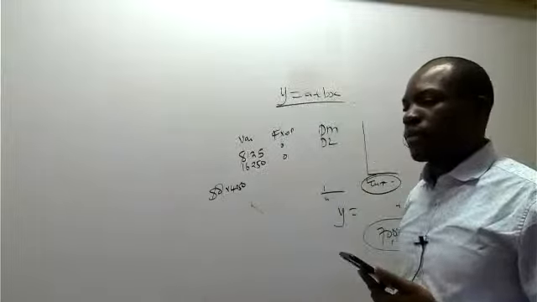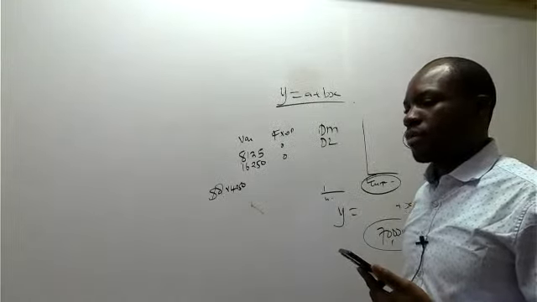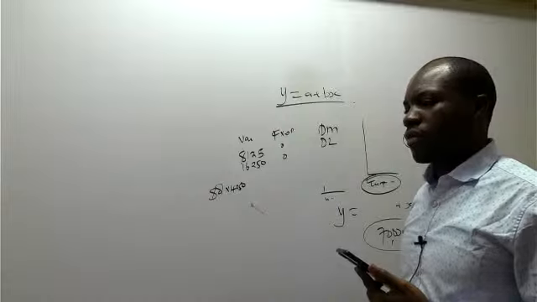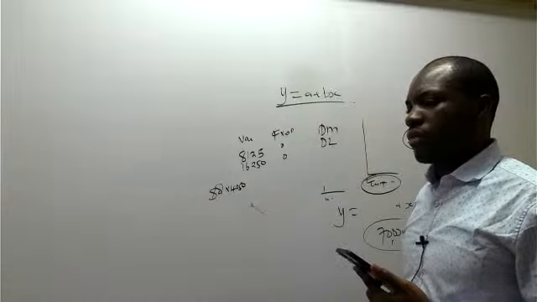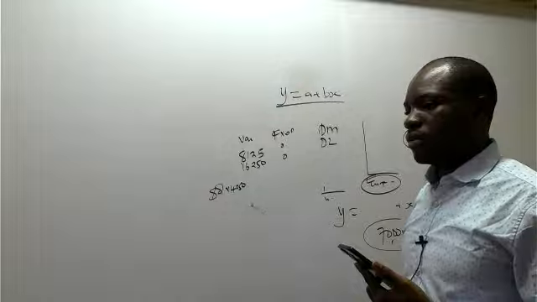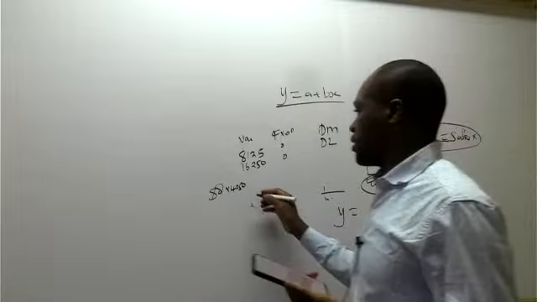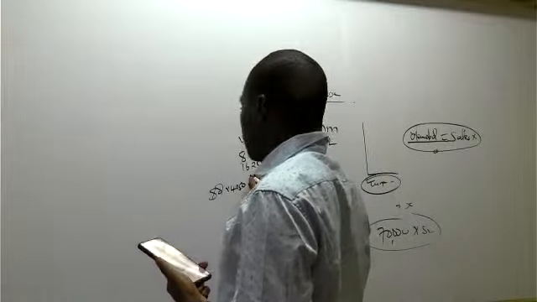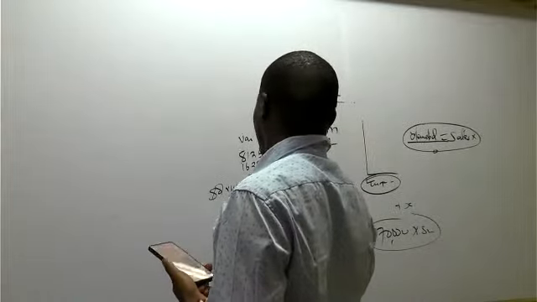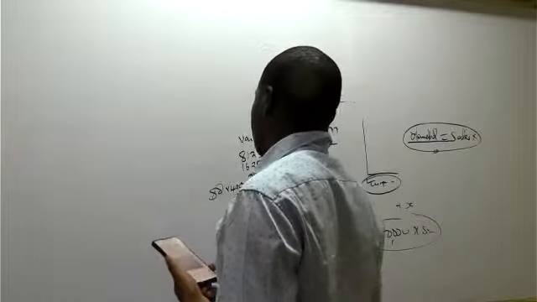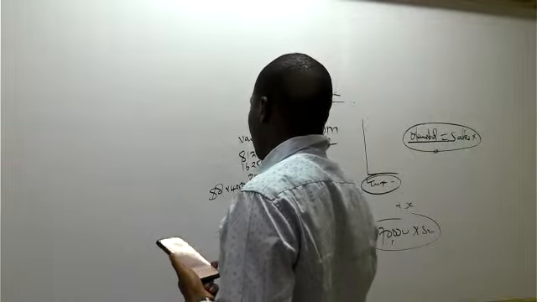80% ni ngapi? Watu wameshindwa. Si ni 32.40. That is the variable.